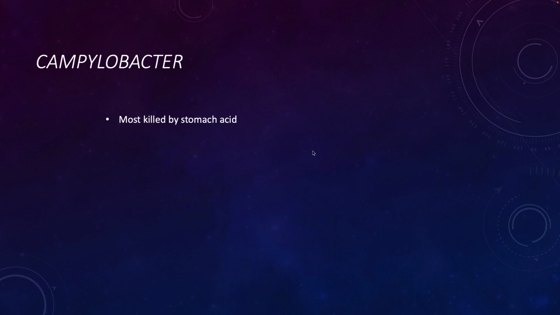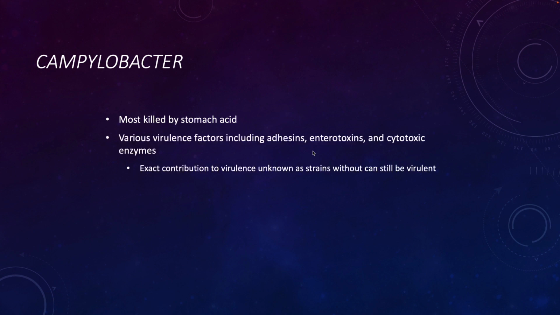When ingesting a contaminated food product, the majority of the bacteria are killed by stomach acid. So it requires a rather high inoculum to make a patient sick. The capsule can also be protective. They have various virulence factors, including adhesins, toxins, and cytotoxic enzymes.